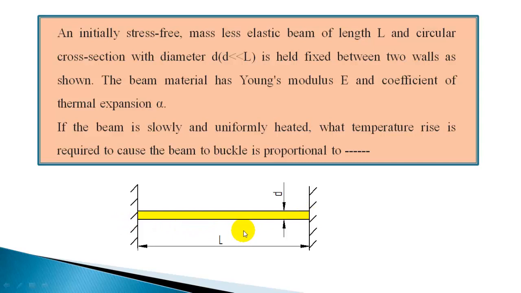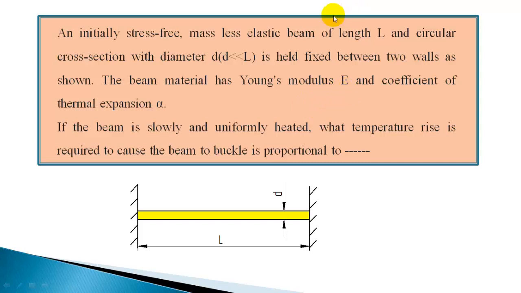As you know, the compressive stress induced is alpha delta T E, where alpha is the coefficient of thermal expansion, delta T is the temperature rise and E is the Young's modulus of the material.